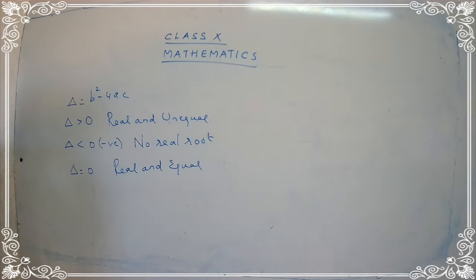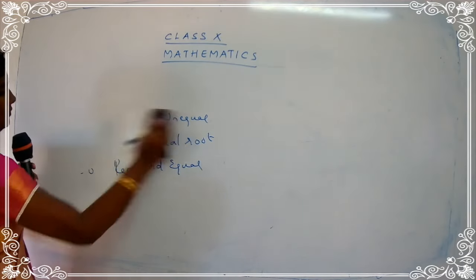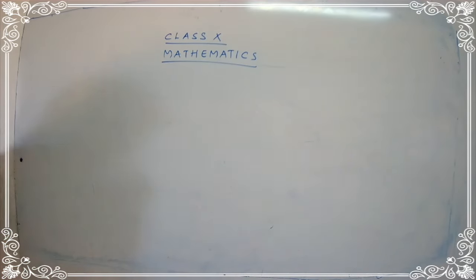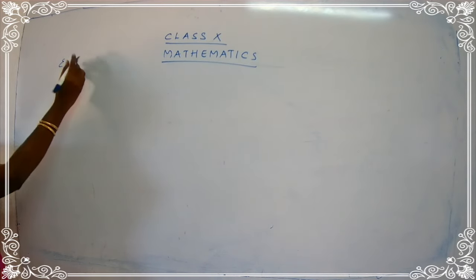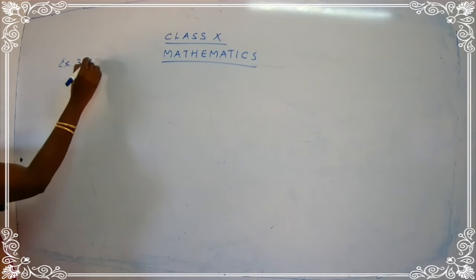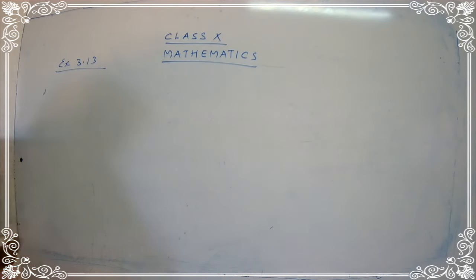I hope you are ready with the question. Let's start with the answer, children. Write down. I'll take down the question first. So take down the equation once again. Exercise 3.13, sum number 4.